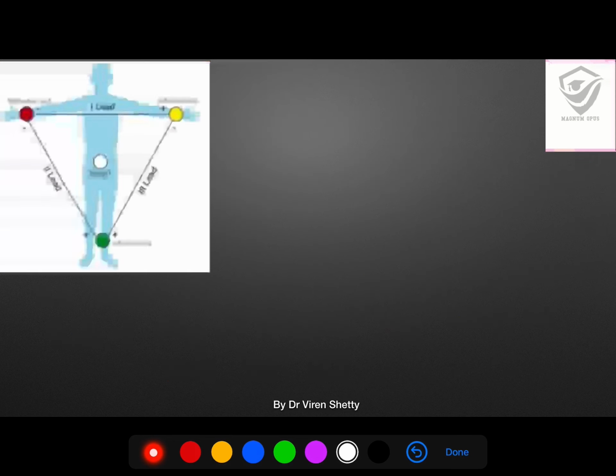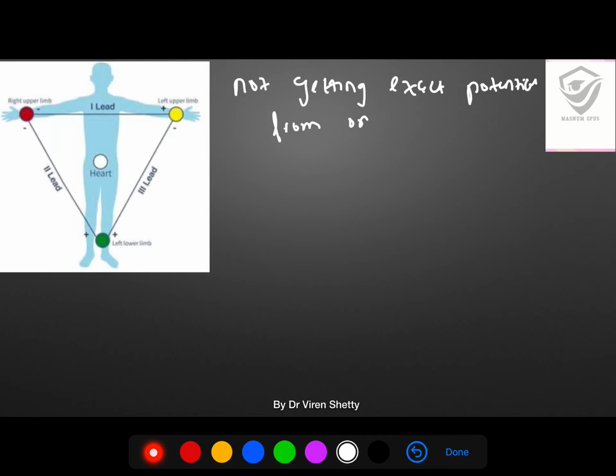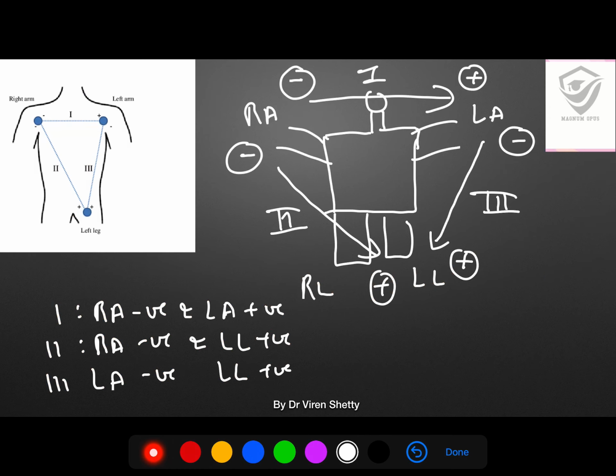But even after this we were not getting the exact potential from one point, because the bipolar leads, so these lead 1, lead 2, lead 3, they are the bipolar leads having two poles, but we were not able to see from one point.